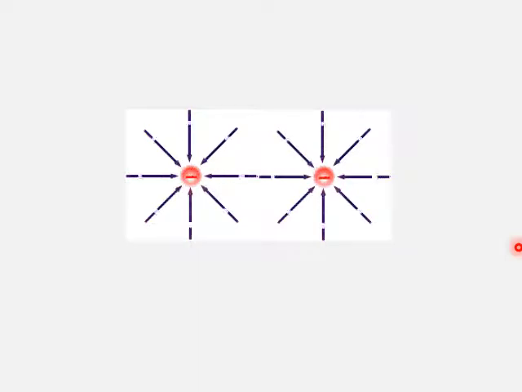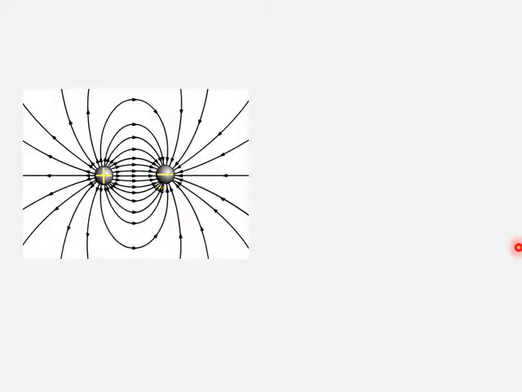So there should be some way of presenting the electric field of such a system where you have two charges, like charges or unlike charges. In case the system comprises two equal and opposite charges, the electric field lines can be shown like this. See, any charge placed here will follow this path and go to the negative charge.